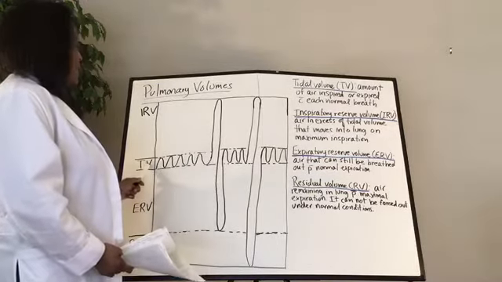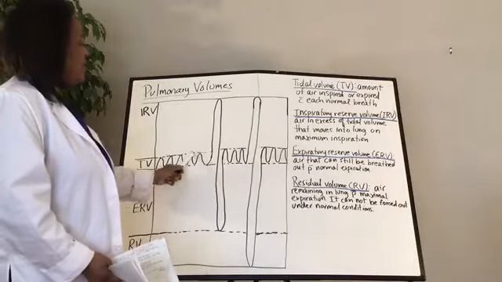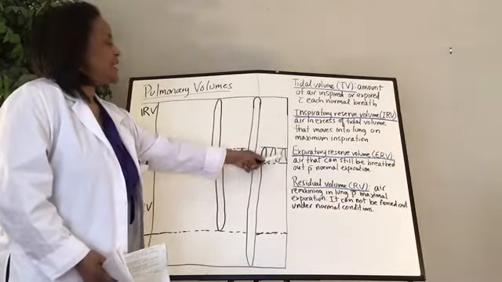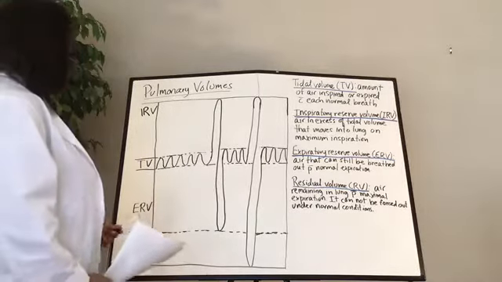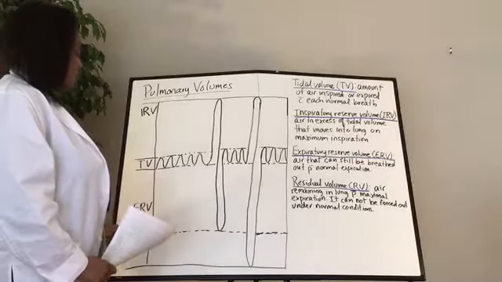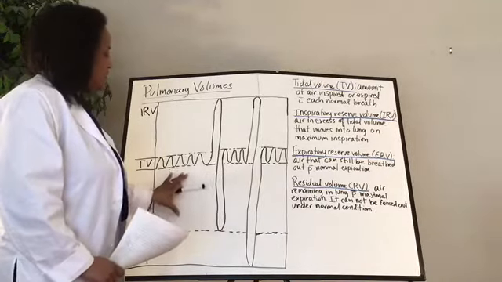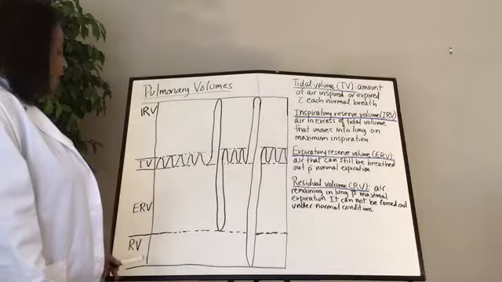The tidal volume here, the TV, is this wiggly line here. That just really shows how we're breathing in and out, just normally how I'm talking to you. Expiratory reserve volume, that's this area here. And then we have the residual volume here.